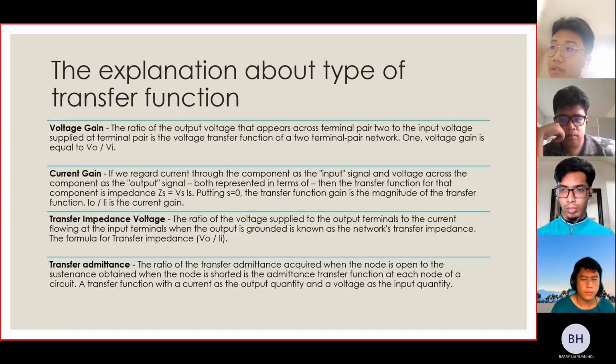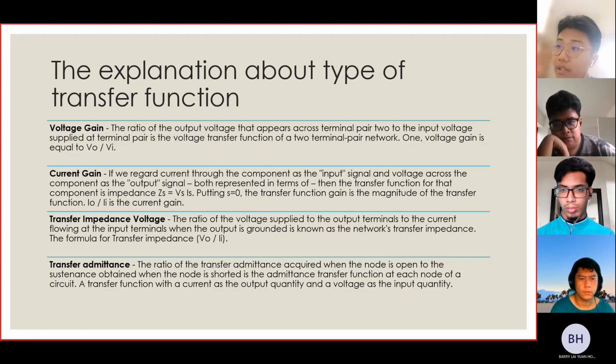This part is an explanation about the types of transfer function, which are the voltage gain, current gain, transfer impedance, and transfer admittance. Firstly, the voltage gain is the ratio of the output voltage that appears across terminal pair 2 to the input voltage supplied at terminal pair 1. It is the voltage transfer function of a two terminal pair network. The next one is current gain.